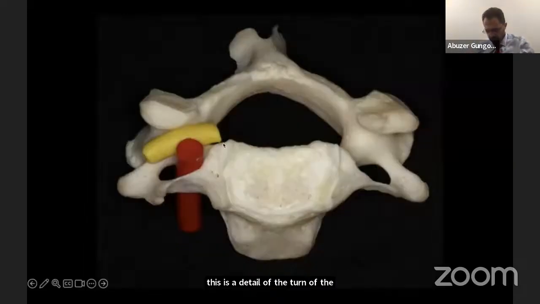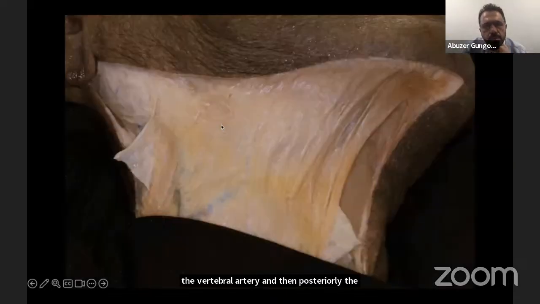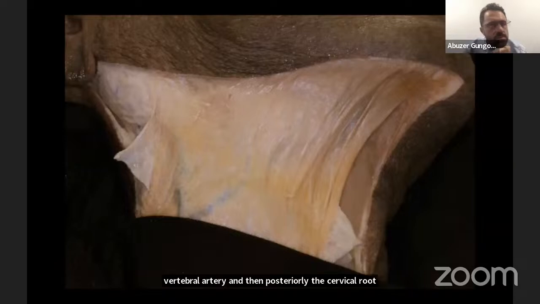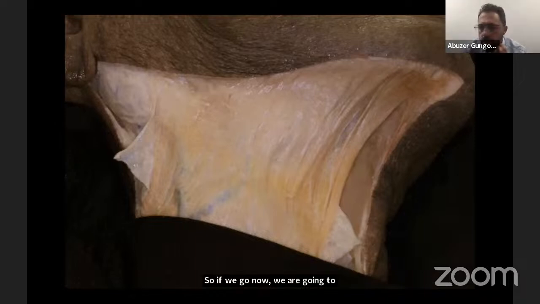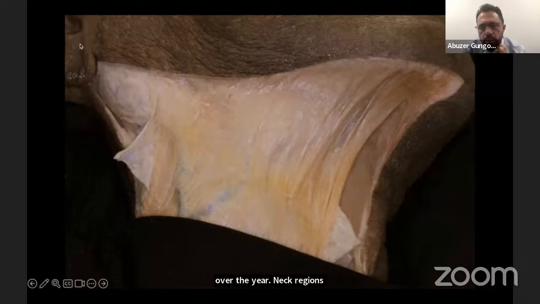Of note, in the cervical vertebrae we see the anterior portion with the vertebral artery, and then posteriorly the cervical vertebrae. Now we are going to start layer by layer with the muscles of the neck region.